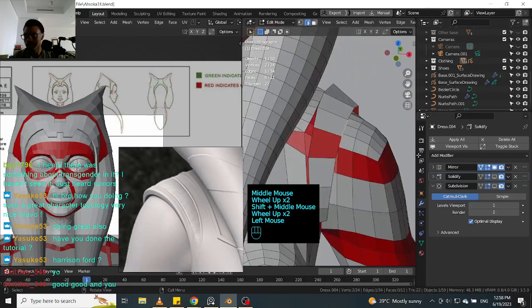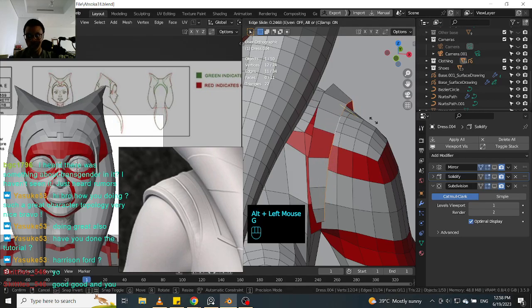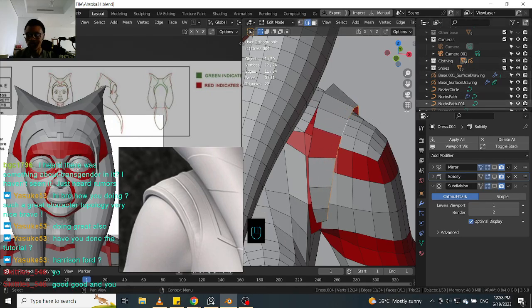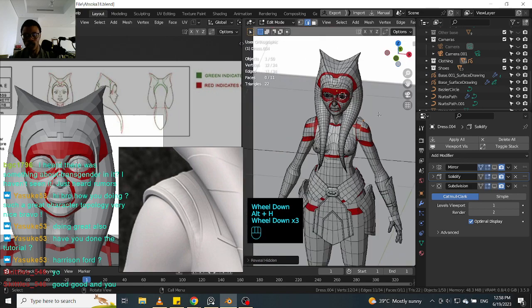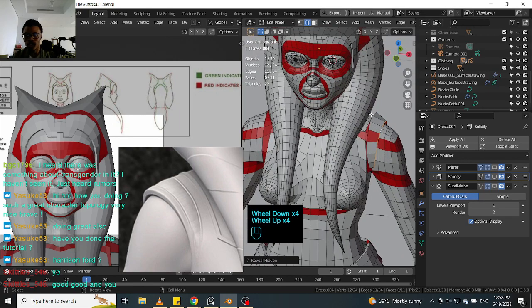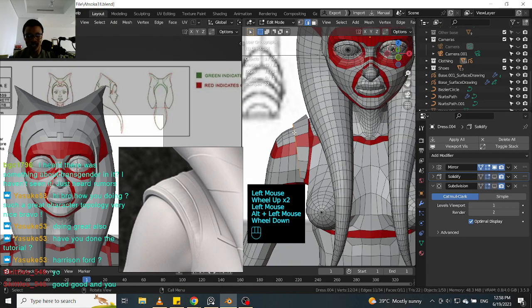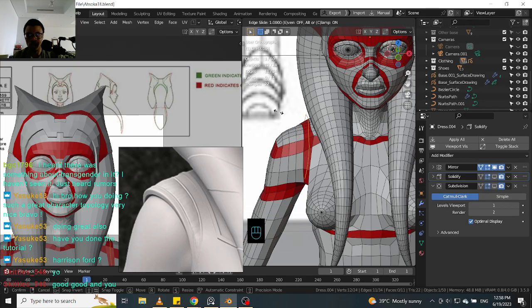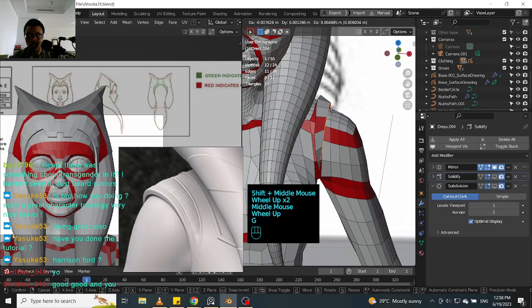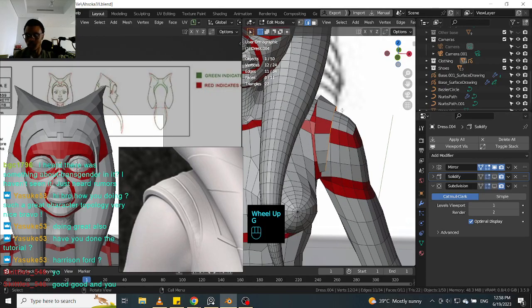Ah, okay. That is why. The mirror modifier, that thing is so confusing. It allows you to select it on the other side, but then when you do that, you can't move it in that direction. That's the weird part. You have to move it in the same direction as if you were moving it on this side. I don't know why.